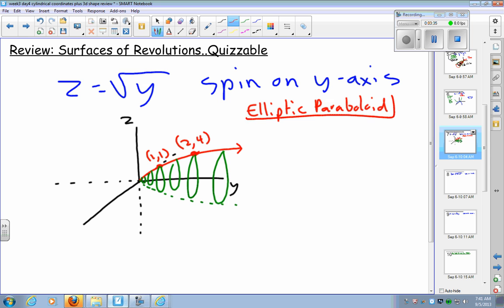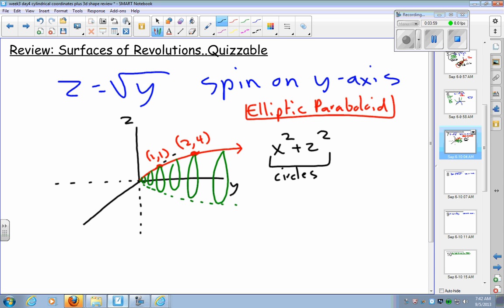So I'm going to show you how to get that equation by using the surfaces of revolution. The whole thing is, since it spun around the y, the formula is, when you spin around the y, guaranteed x squared plus z squared. These are circles. And if you look at all those green guys that I drew, they're all circles in terms of x and z.